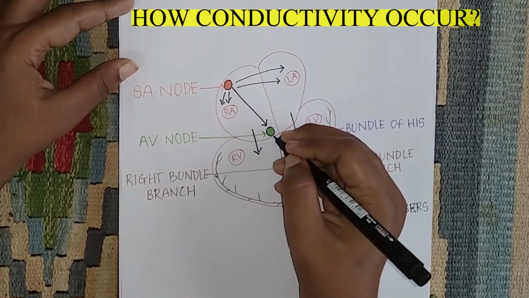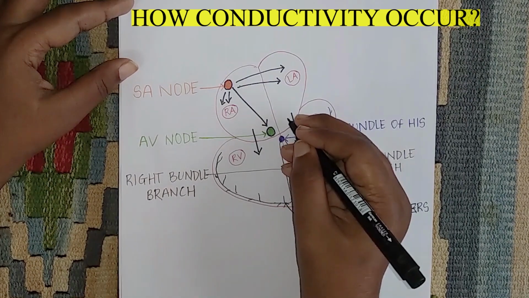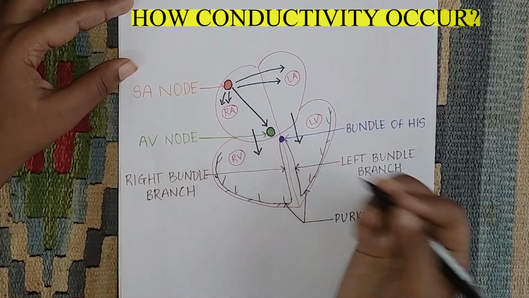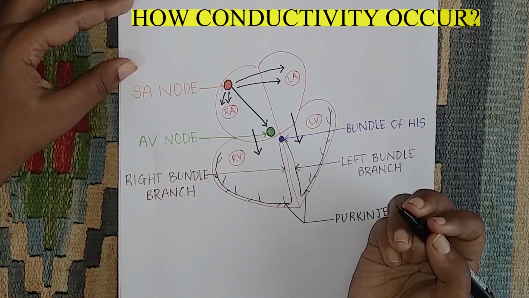Here, the AV node keeps a check whether both the atria have totally emptied into their respective ventricles.